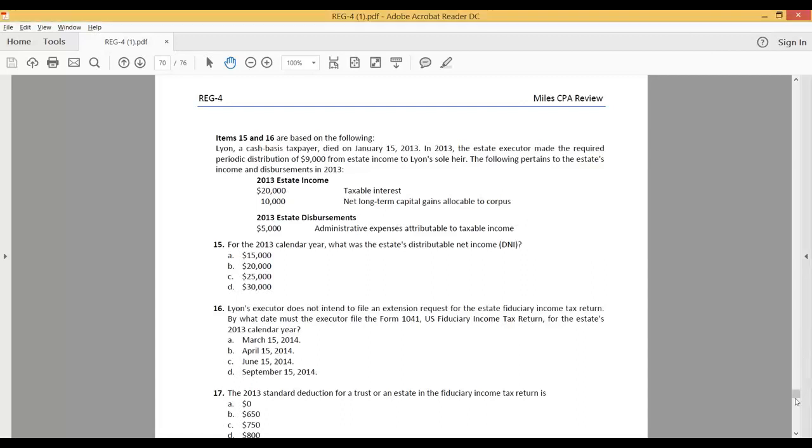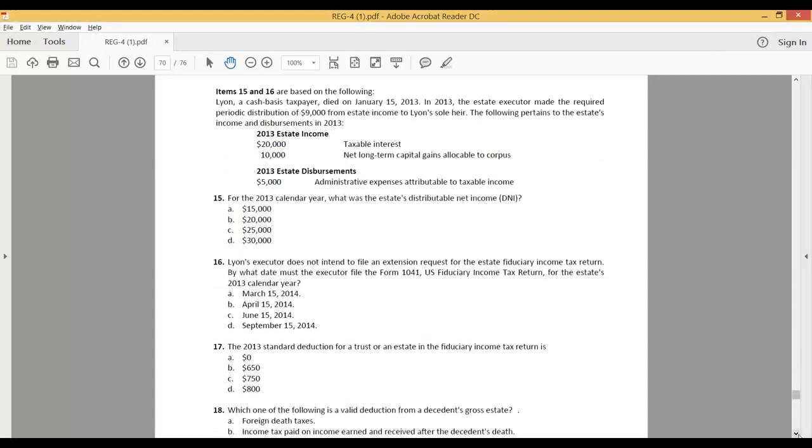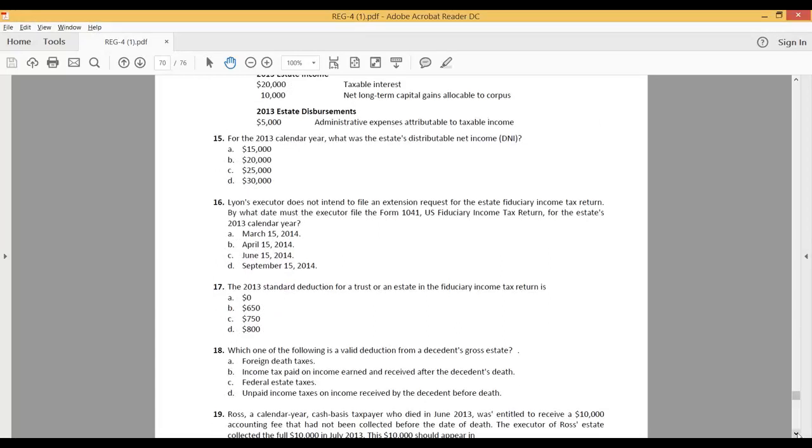Next, the 2013 standard deduction for a trust or an estate in the fiduciary income tax return is. What is it? It's actually zero, right?